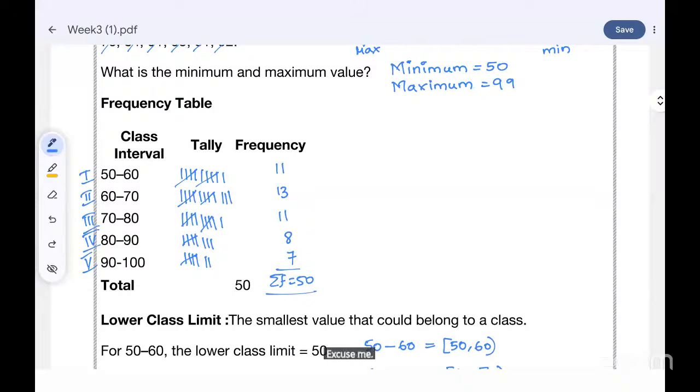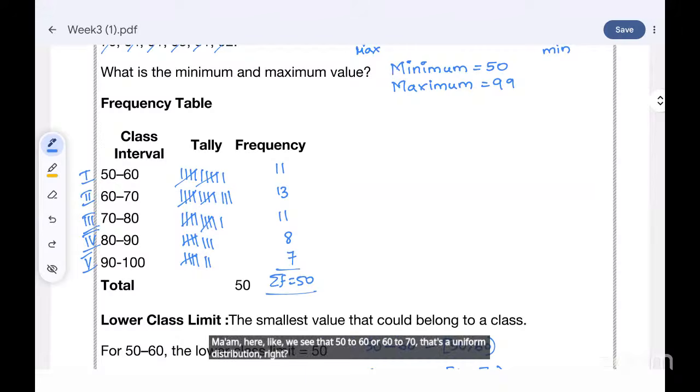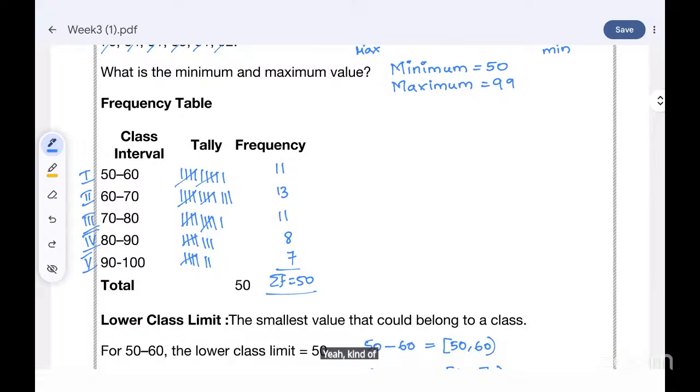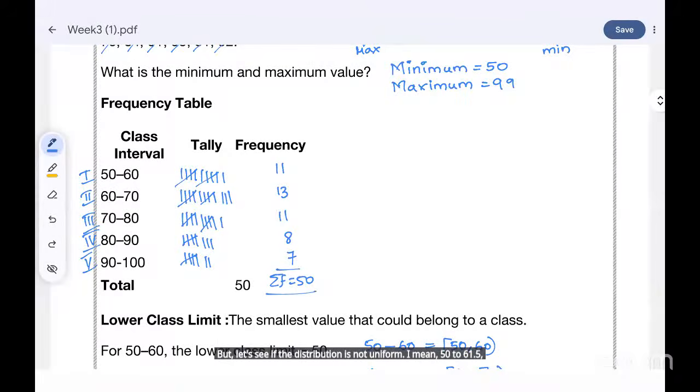Ma'am, here we see that 50 to 60 or 60 to 70 is a uniform distribution, right? The upper limit for the previous class is the lower limit for the second class. Yeah, kind of. But if the distribution is not uniform, say 50 to 61.5, and the next class starts from 62 to 70?